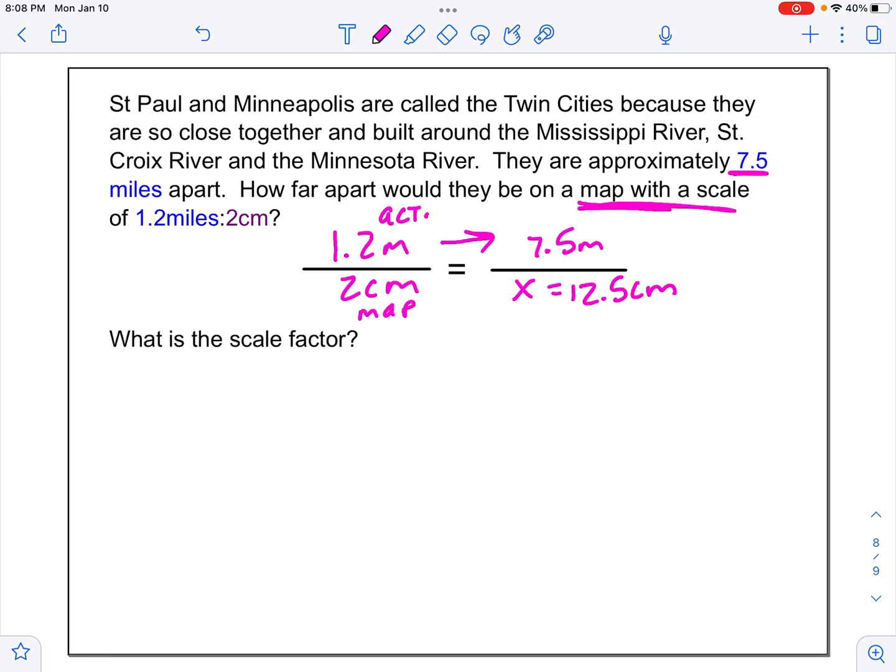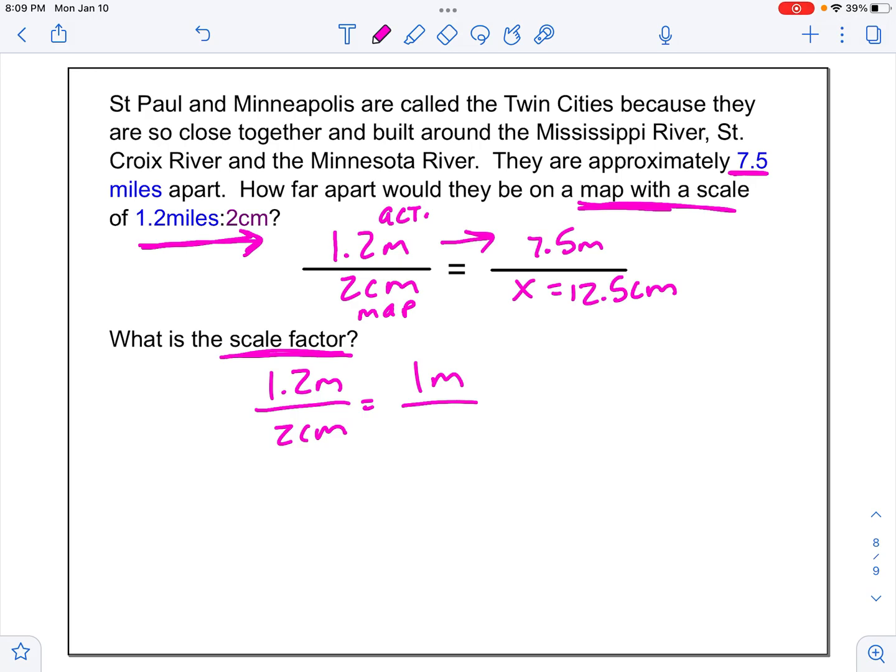So then let's look at here the scale factor. It's flowing this way. So I have 1.2 miles over 2 centimeters. Now I don't care about 1.2 miles. I want to know each mile. So basically scale factor is the way it's flowing, taking it down to that individual unit.